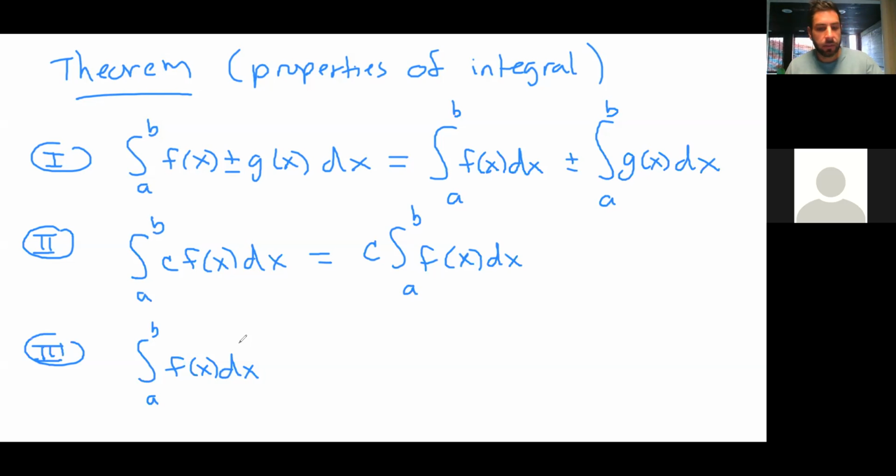How do we write that in terms of integrals? Well, it means you can break this up any way you like. So pick any number you want. We'll call it C. And so this says that I can break this up any way my heart desires.